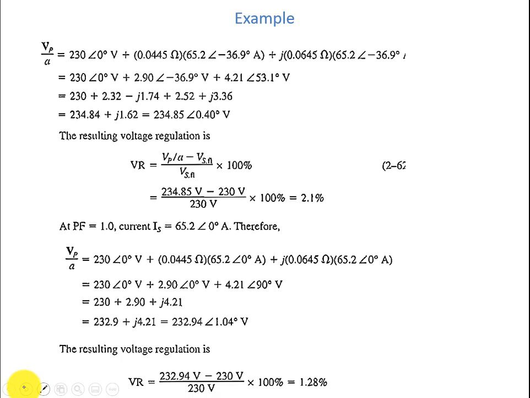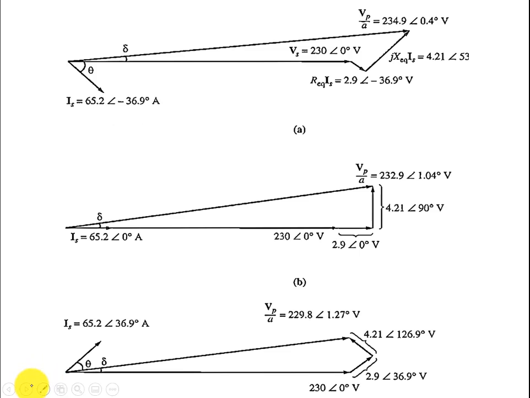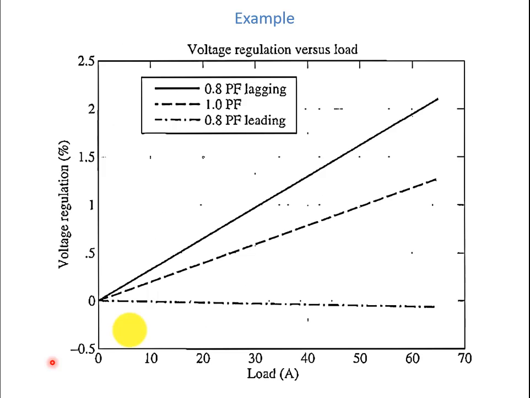So what we will get at the end is this one. This is the load current, the different load currents. When there is no load current, voltage regulation is 0 for all the power factors. As soon as the current is increased, we can see that for the leading power factor, the voltage regulation goes into the negative side.